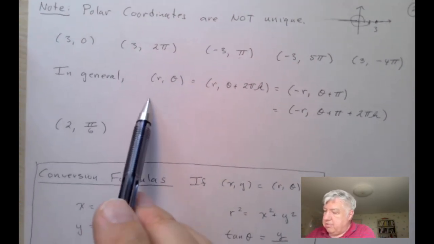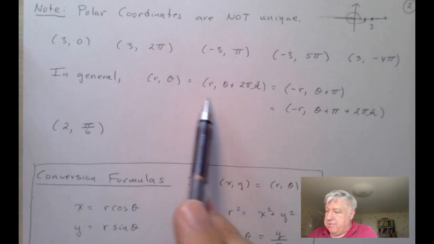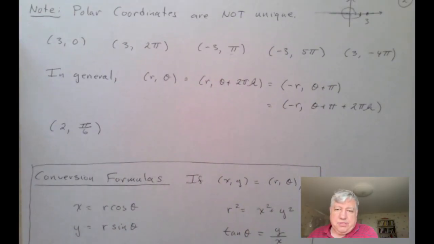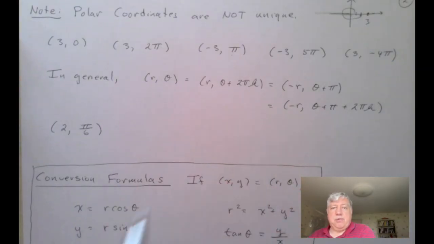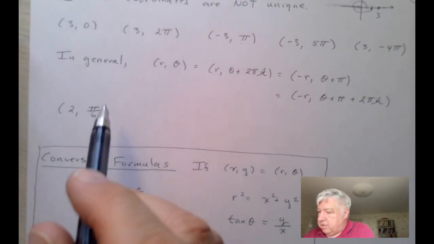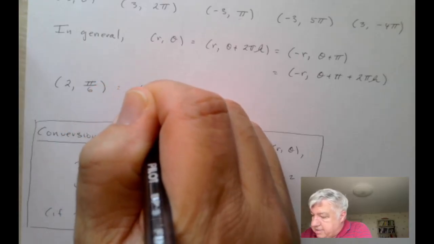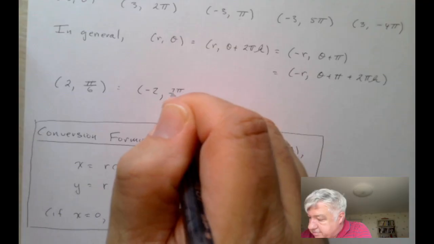So in general, r can be replaced with negative r if we want, as long as we add pi to that angle. And theta can be replaced with theta plus any multiple of 2 pi. So, for example, this is the same thing as negative 2, 7 pi over 6.